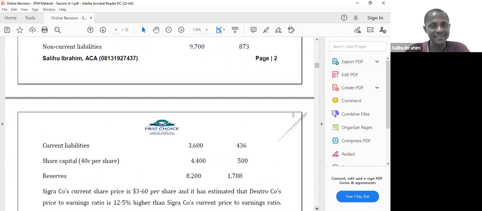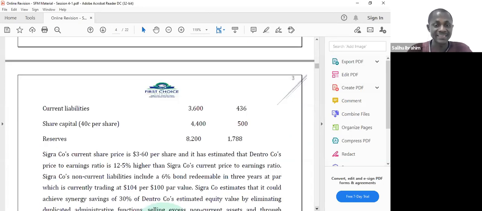Then we have current liabilities. We have share capital, which is 40 cents per share. 40 cents is the nominal value of the share. Then we have our reserves.